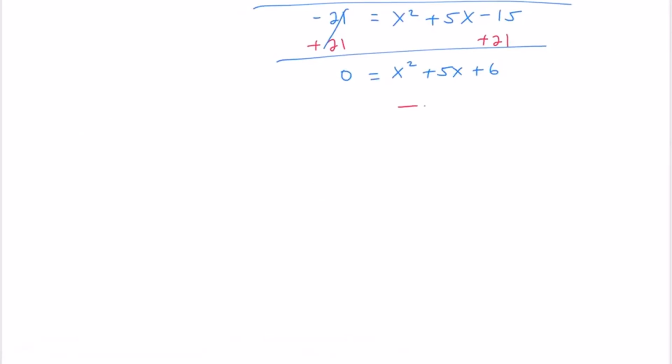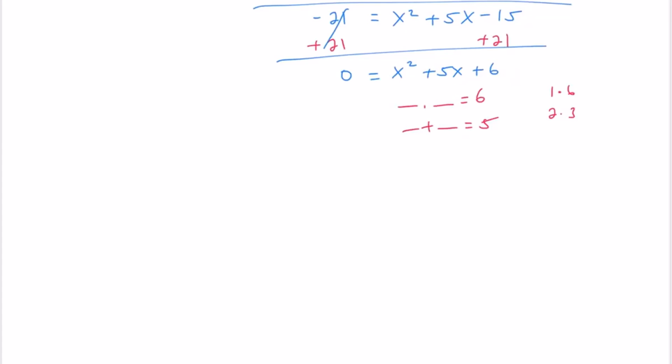So we need two numbers that multiply to give us the last number 6, but add to give us the middle number 5. For 6, we just have 1 times 6 and we have 2 times 3. We need positive 6, so we need both numbers to be positive or both numbers to be negative. We need positive 5, so both numbers need to be positive.